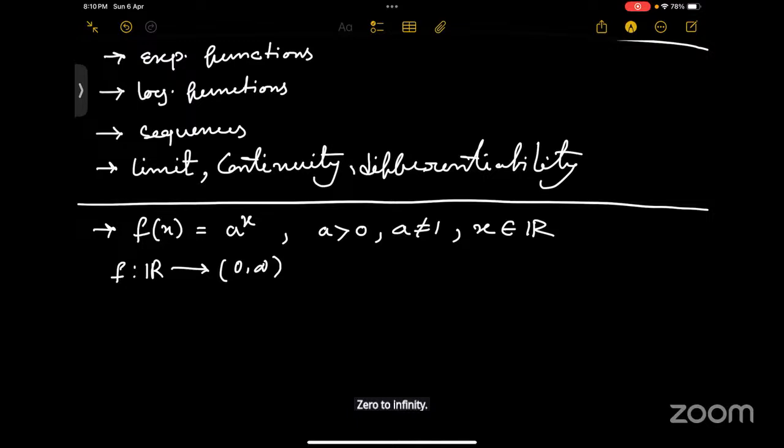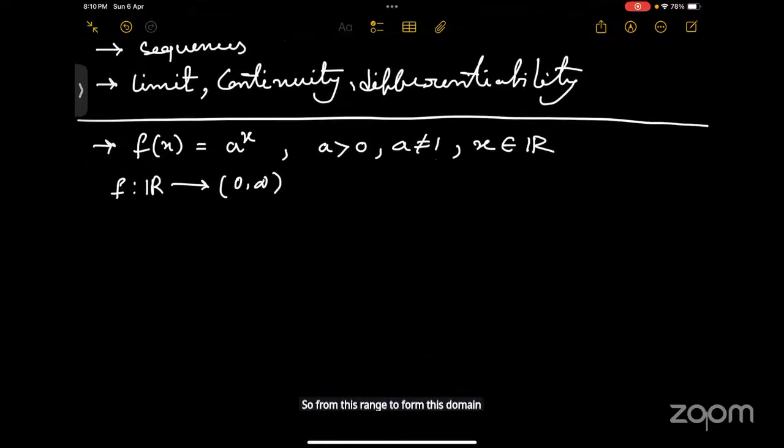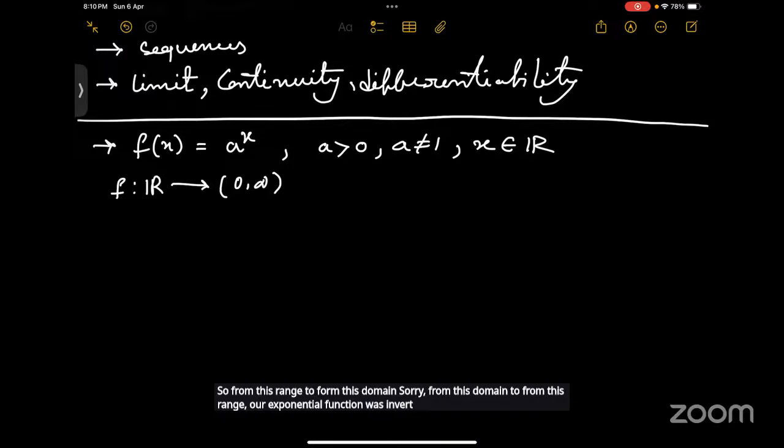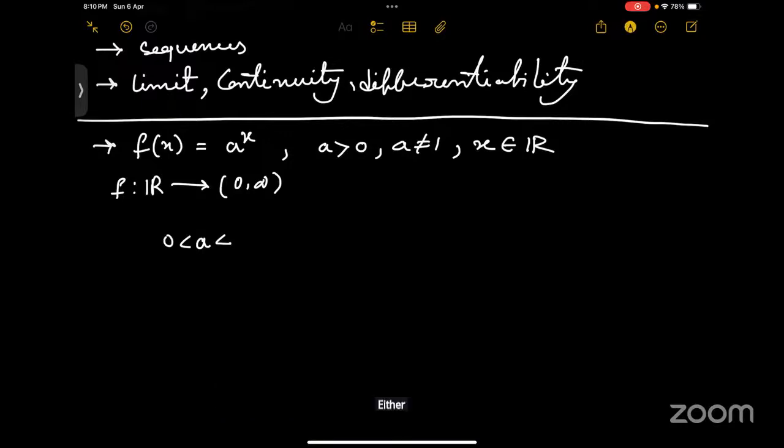So from this domain to this range, our exponential function was invertible, right? So for a we had two different choices: either a can be in this interval 0 to 1 or a can be greater than 1, right?